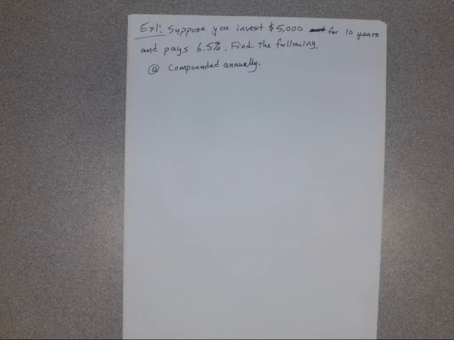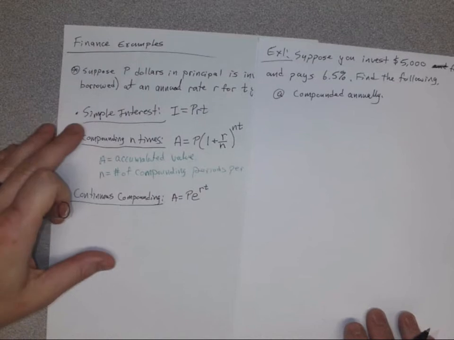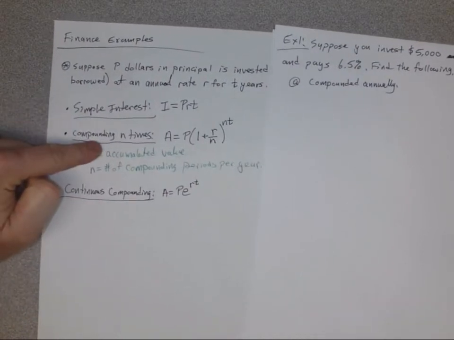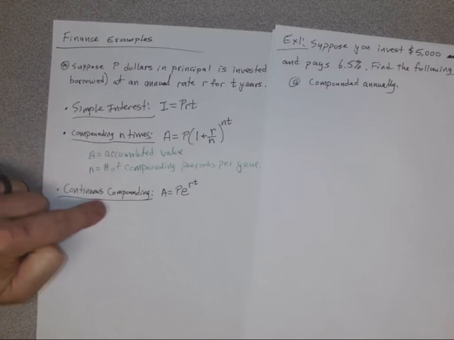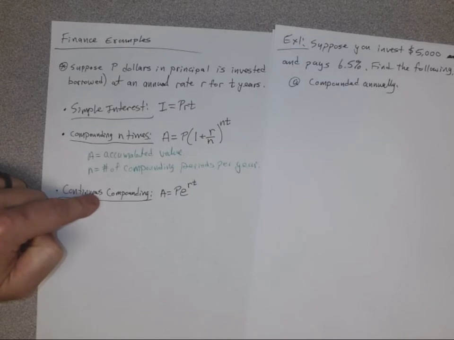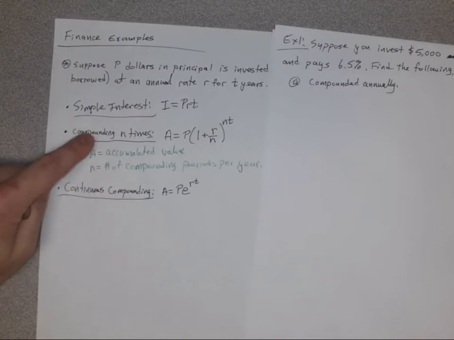Now we need to figure out which formula we're using. The way to figure that out is pretty easy. You always use this formula here if you're compounding n times. But if the problem says you're compounding continuously, then you use this one. Simple. If it says continuously compounding, it's this problem. Otherwise, you use this one.